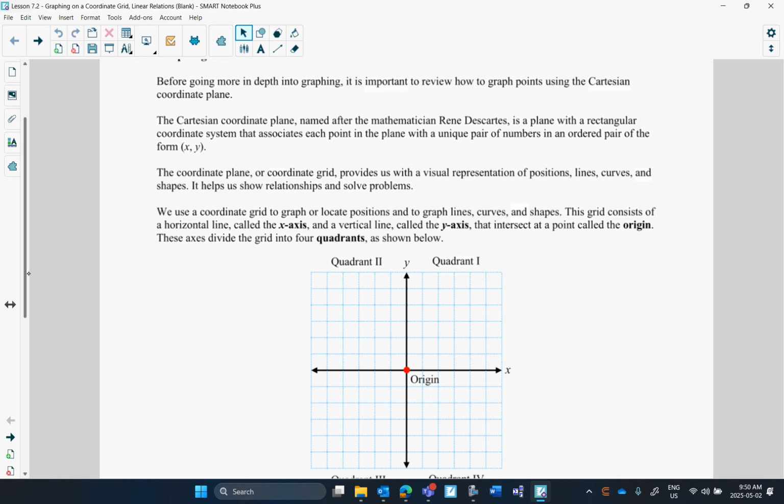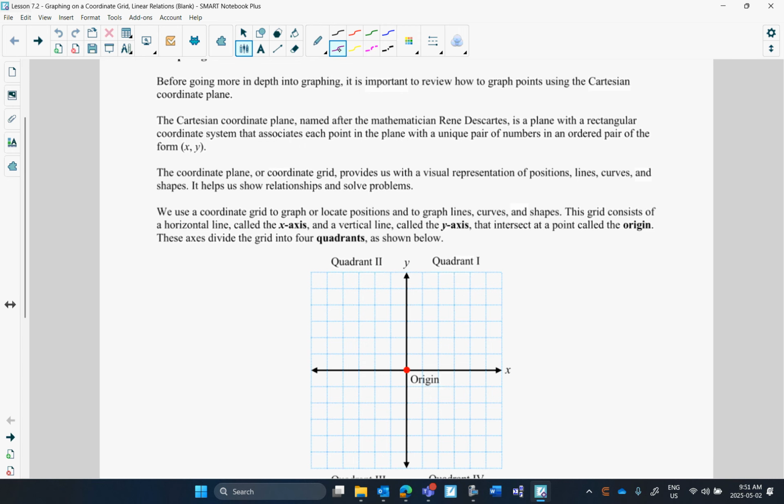There's two lines that split the coordinate grid into four sections. These two lines are called axes. The horizontal one is called the x-axis. The vertical one is called the y-axis. And the point where they meet is called the origin. That is our reference point.